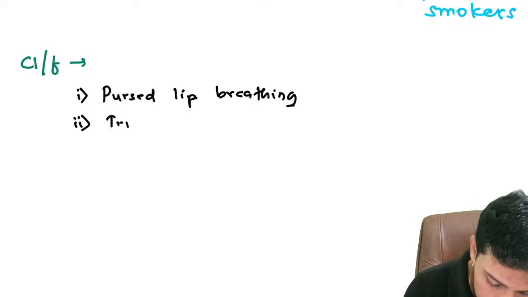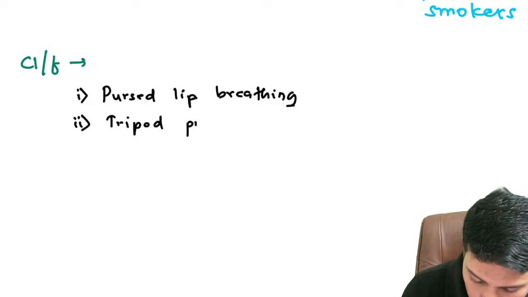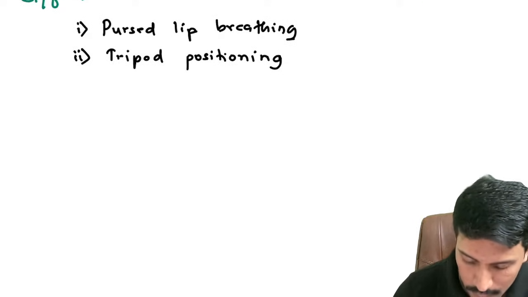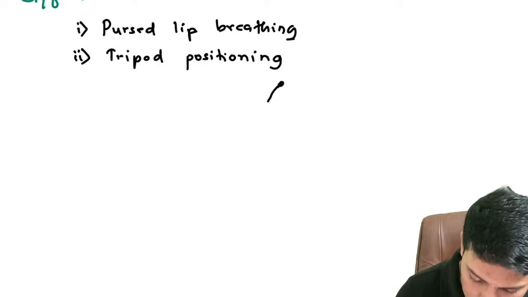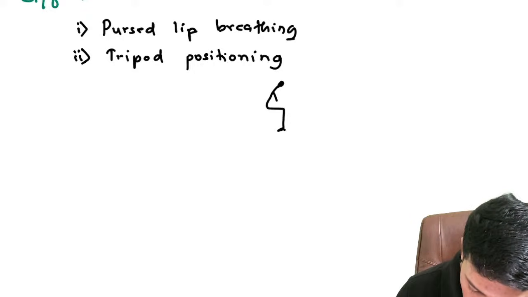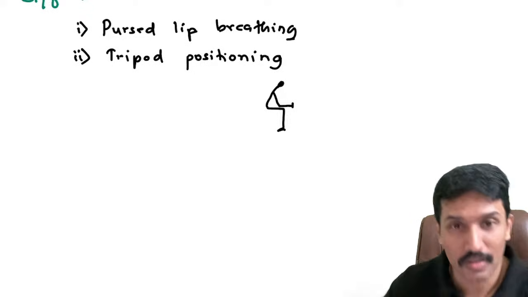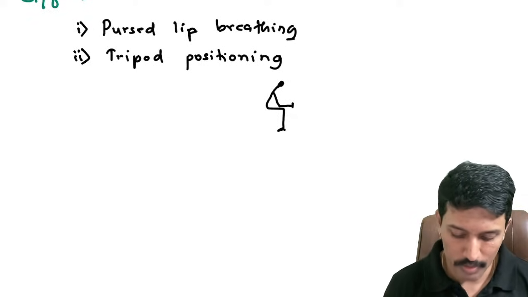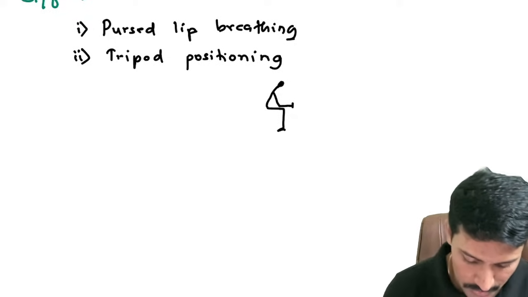So we call that tripod positioning. If you want, you can put a small sketch. So when they are sitting down, they are resting their elbows on the thigh. This is what we call tripod positioning. So they have pursed lip breathing and tripod positioning.